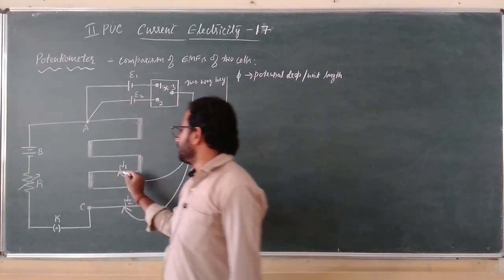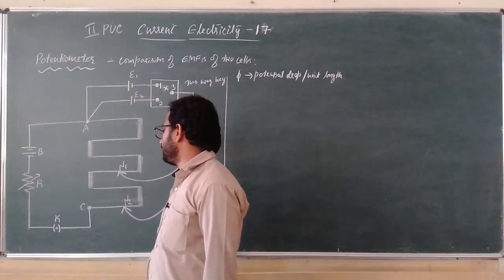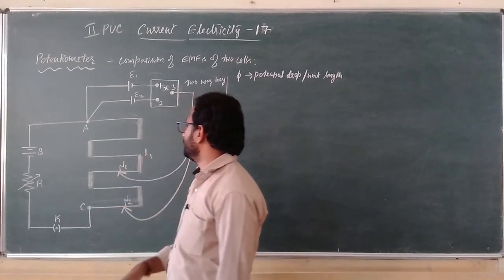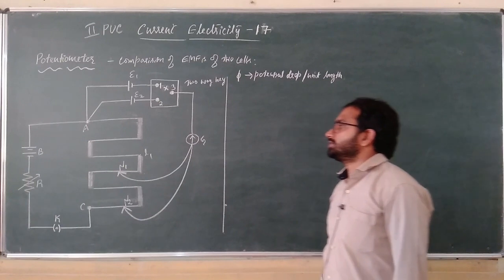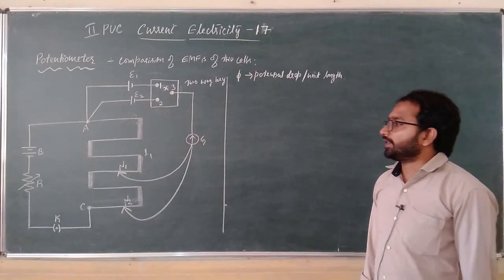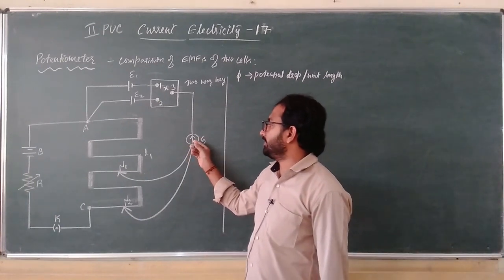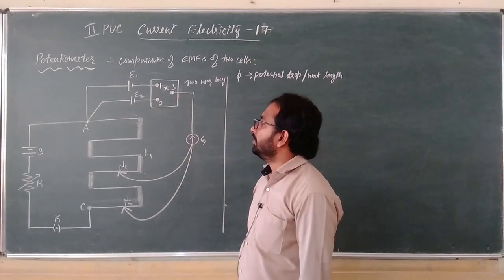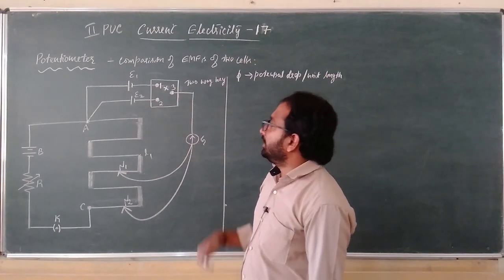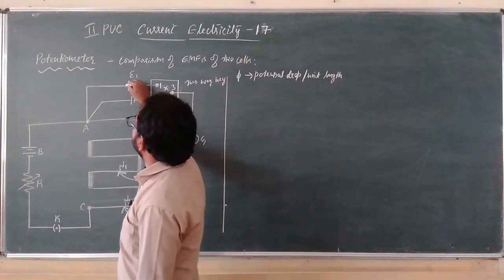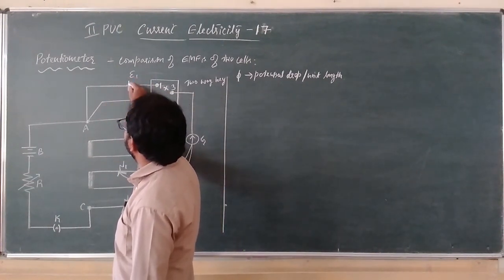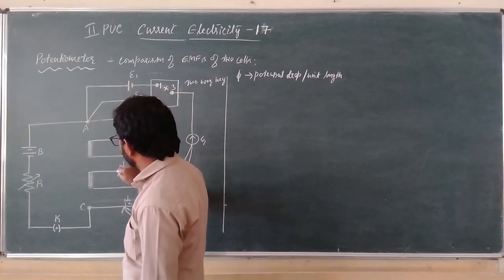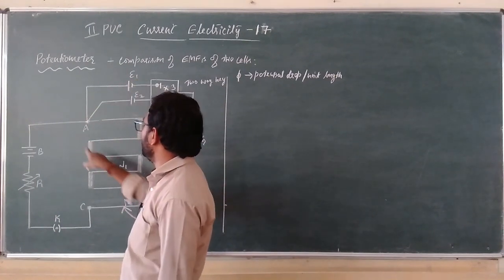At a particular point, for a particular value of length, say L1, the galvanometer shows zero deflection, which indicates that there is no current flowing through the galvanometer, which implies that the EMF of the cell is equal to the potential drop across these two points A and 1.